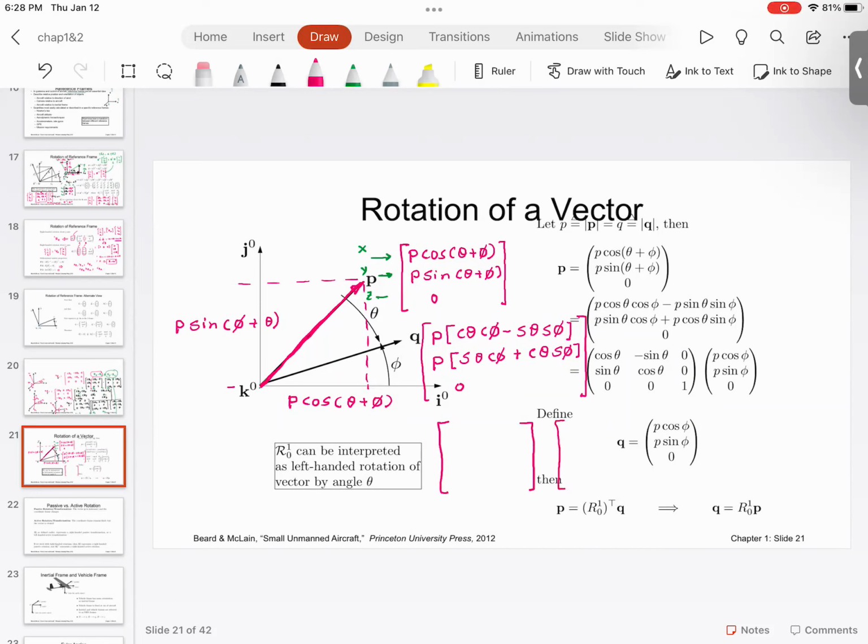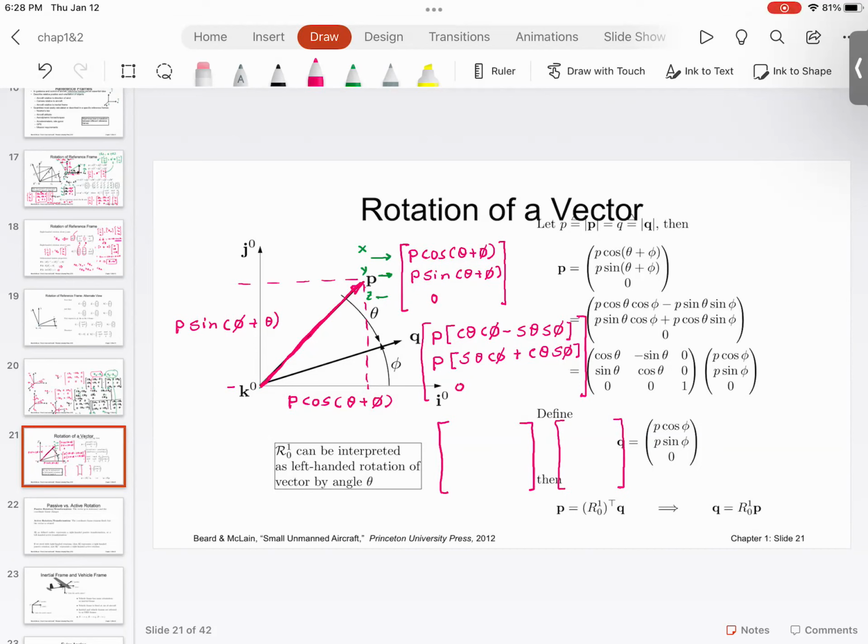The logic I'm going to use is: imagine I have an intermediate vector, which is Q. The intermediate vector Q is making an angle phi. What are the sine and cosine components of this intermediate vector Q?